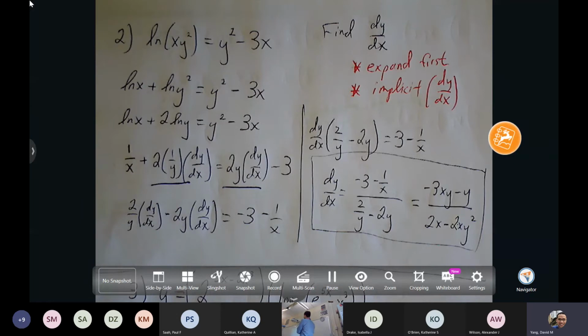Okay. Any questions, any parts you want me to clarify or go over? Yeah. So earlier, before you solved it, you had natural log y squared just below, and then put 2 in front. Did you use power rule? We use something called power property.